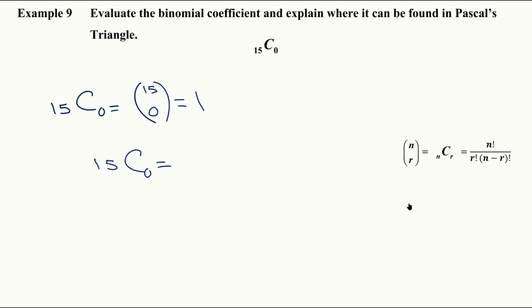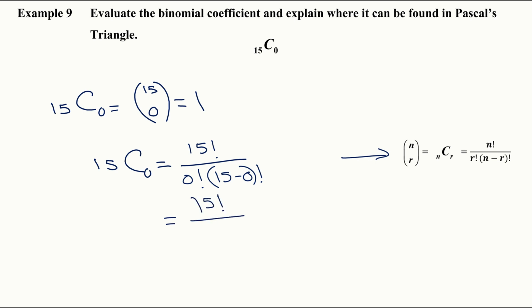So according to our formula here, it's going to be 15 factorial divided by 0 factorial times 15 minus 0 factorial. So it's going to be 15 factorial over, we know 0 factorial is 1, so it's just going to be over 15 factorial, which is 1, as expected, right?